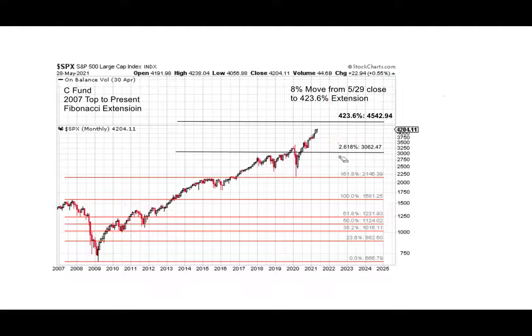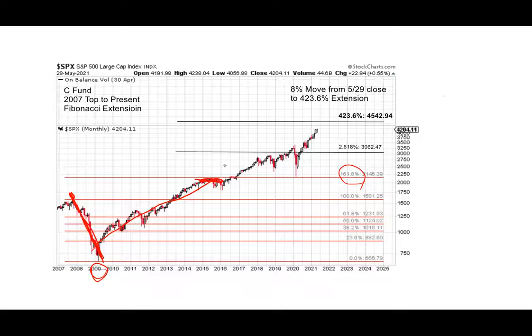So what I'm looking at here is from the low in 2009, well, it was from the high in 2007 to the low in 2009. This is our reference distance. So the extension from here, the 1.618, price came up, took several years to get there, but once it got there, there was a lot of resistance at that price level.